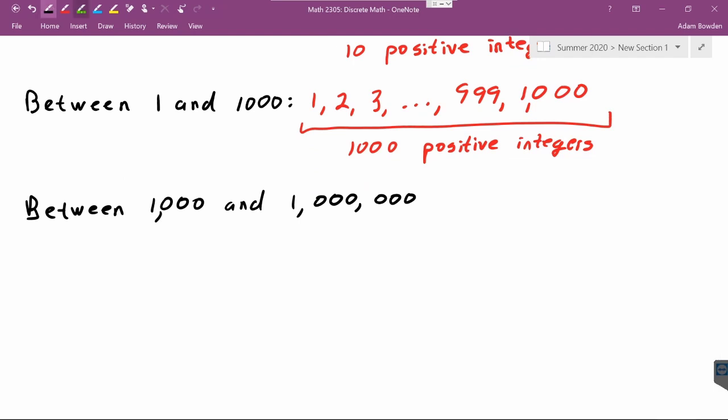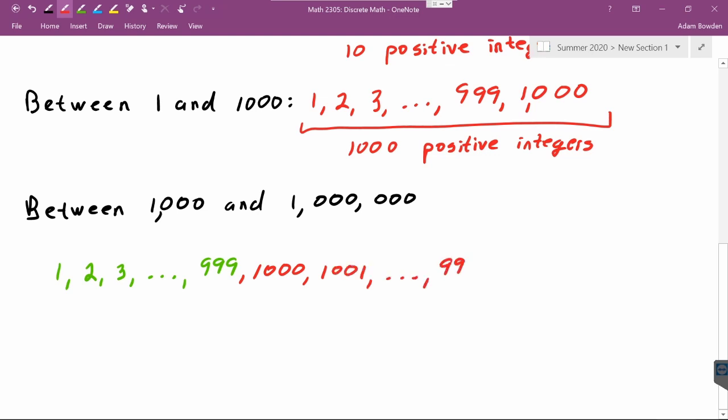Let me list out one way of approaching this idea. We can start out by listing out 1, 2, 3, and then go all the way up to 999. And then from there go 1,000, and then 1,001, and then that goes all the way up to 999,999, and then 1,000,000.